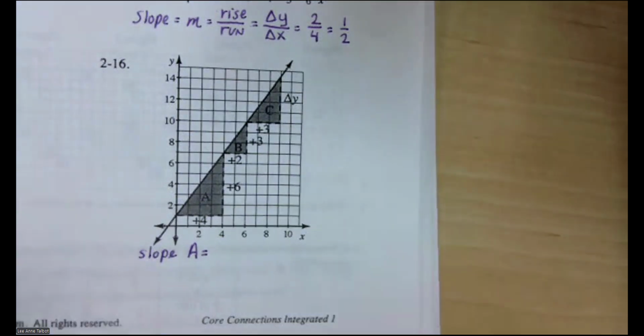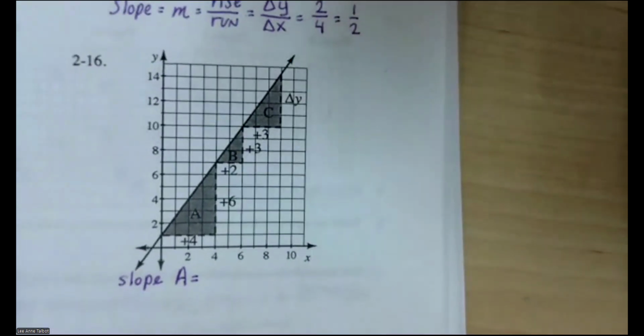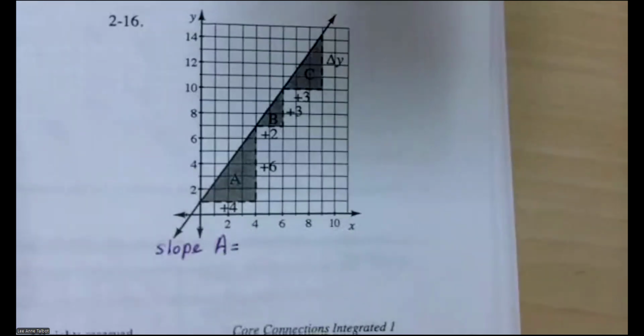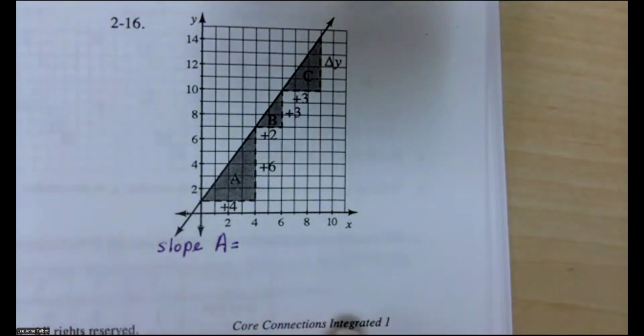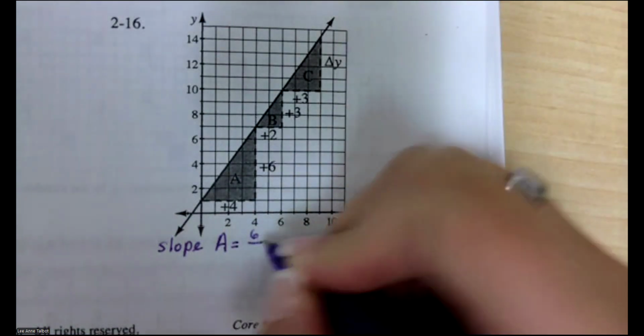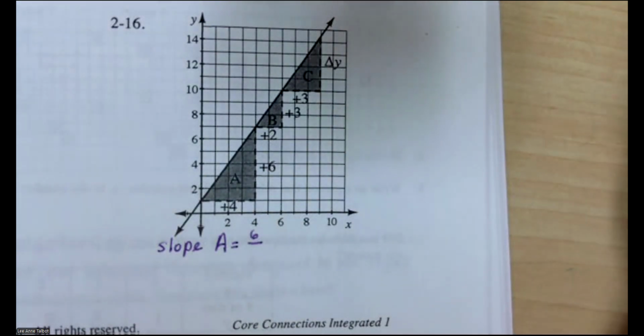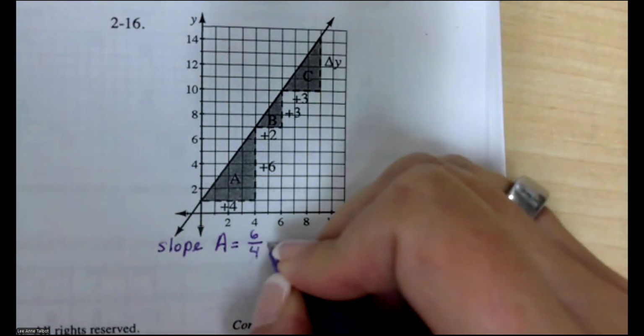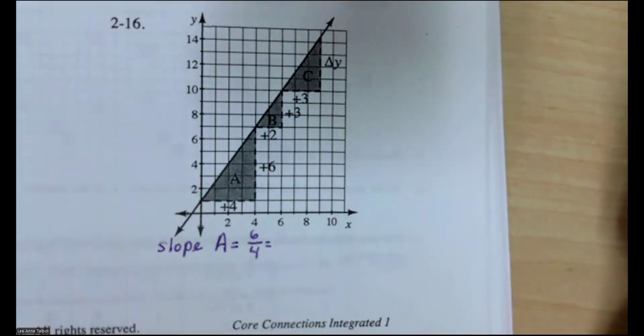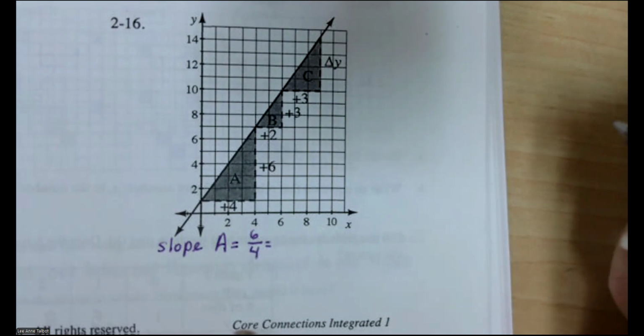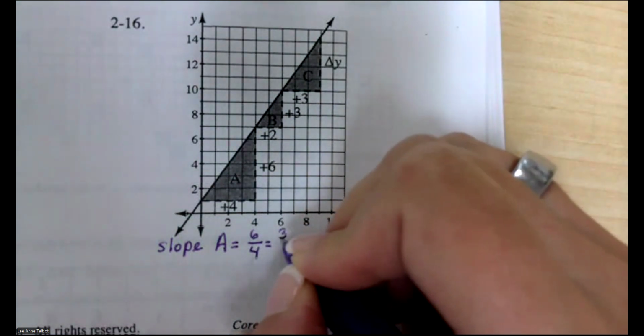It's the biggest one. So look at triangle A. What is the rise? 6. What is the run? 4. Okay, and what does 6 over 4 reduce to? 3 over 2.